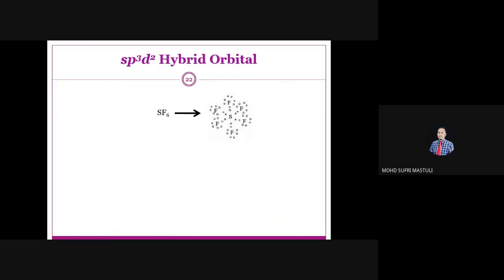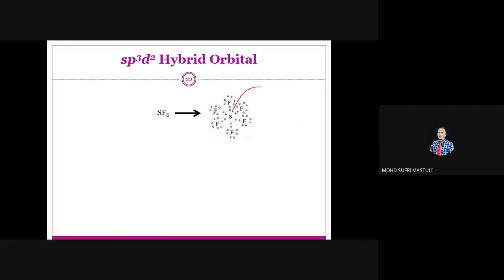Okay, last example of hybrid orbital. This is a molecular formula, SF6. So this is the Lewis structure.